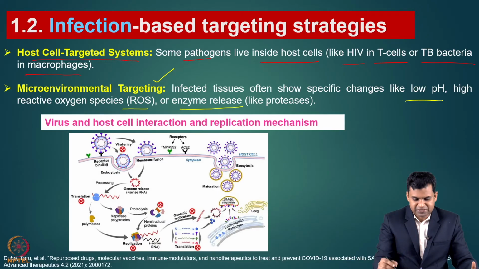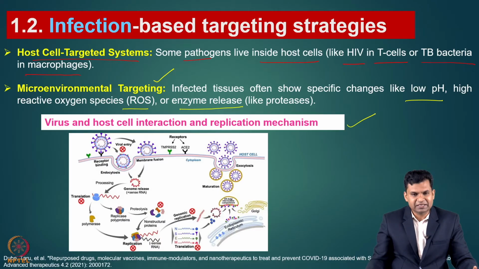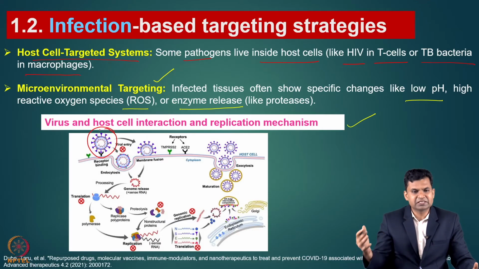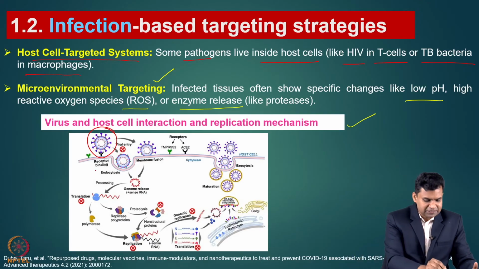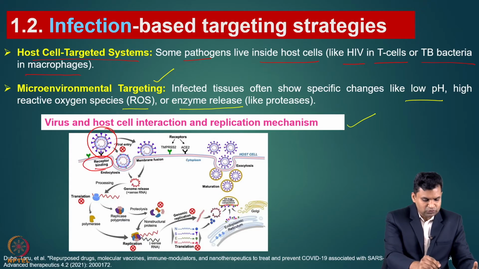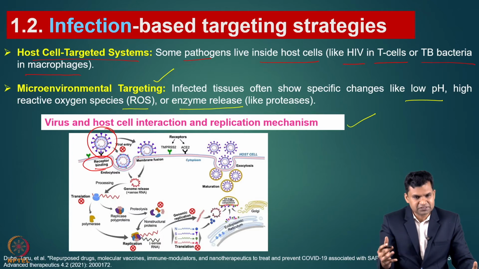This is one best example that I have explained, with virus and host cell interaction and replication. Here we can see the virus. It will bind to the cell by various mechanisms, for example receptor binding, where the virus interacts with the receptors on the cells.